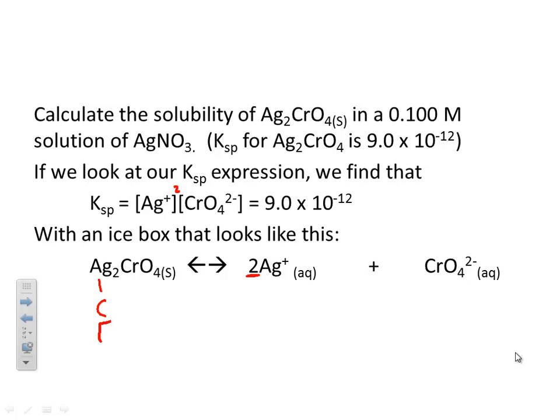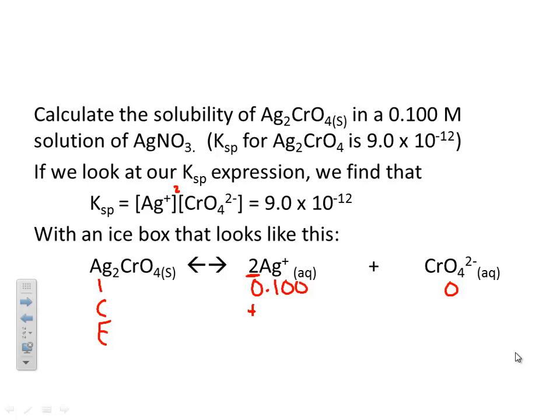We're going to have ICE, but in this problem we're told that we're starting off with a certain amount of silver from the silver nitrate. So that means instead of having an initial concentration of 0, we're going to have an initial concentration of 0.1, and this one starts off as 0.